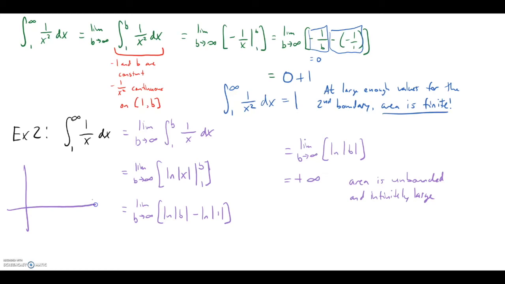But to look at the graph, we wouldn't see much difference between this and 1 over x squared. The functions look relatively the same, and even the area appears to be growing in the same way. 1 over x still approaches 0 as x approaches infinity. So the difference between these two functions becomes a point of emphasis in future lessons.